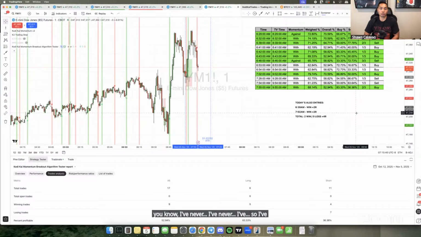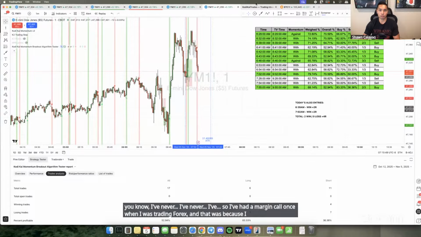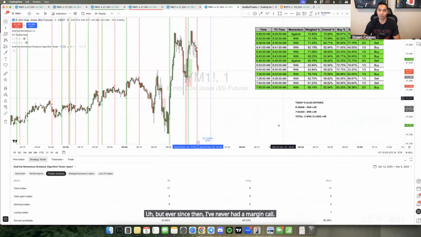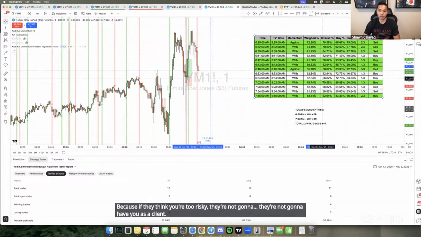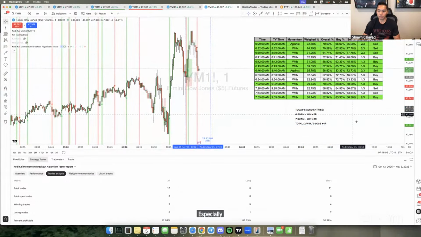I had a margin call once when I was trading Forex, and that was because I didn't know what a margin call was. But ever since then, I've never had a margin call. You want to keep a good relationship with the broker, because if they think you're too risky, they're not going to have you as a client, especially if it's a regulated broker.